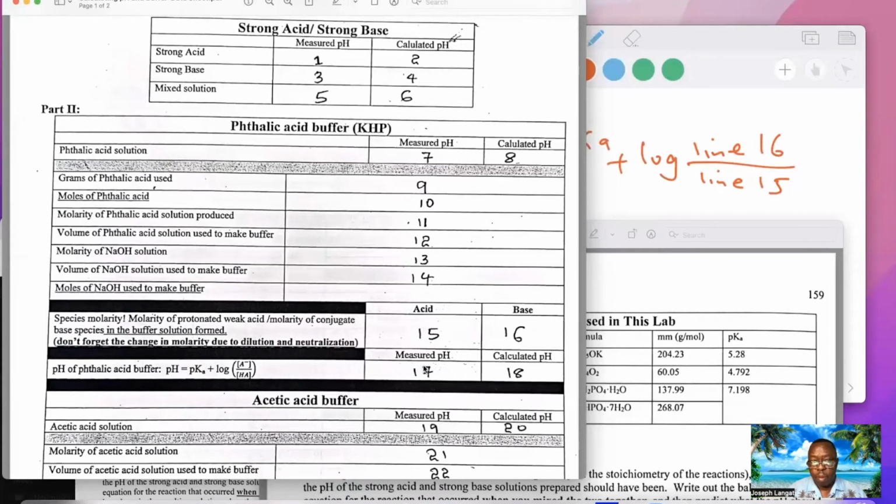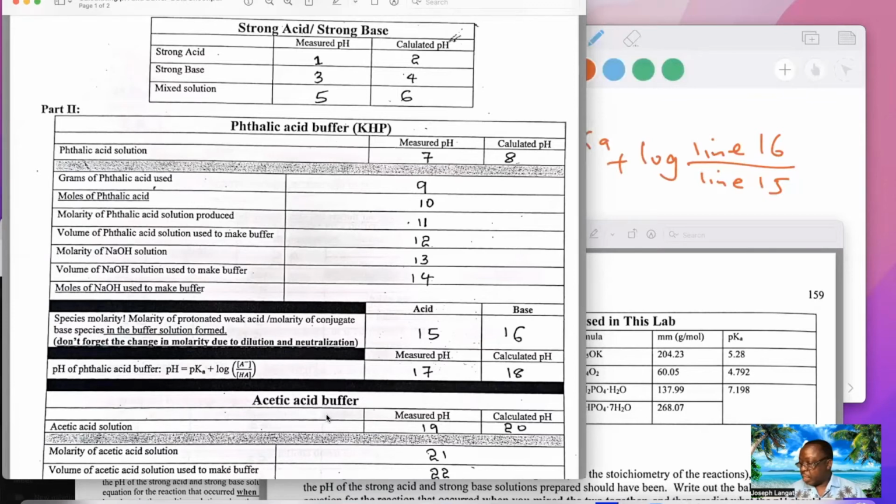I assume you use the pH meter to determine the pH of your PAVA solution of phthalic acid. That marks the end of the PAVA solution for phthalic acid.